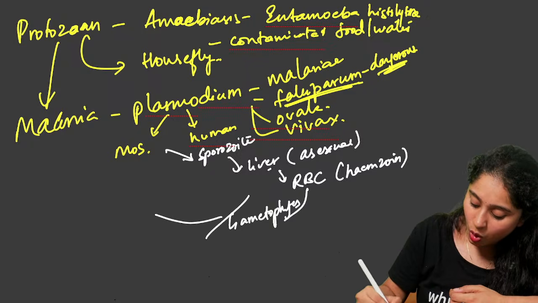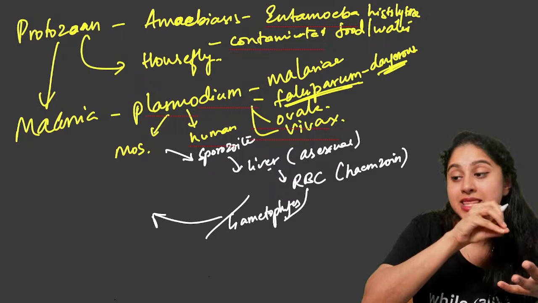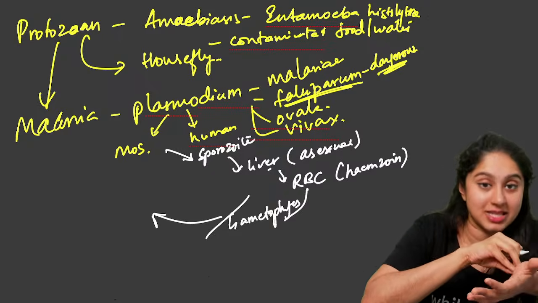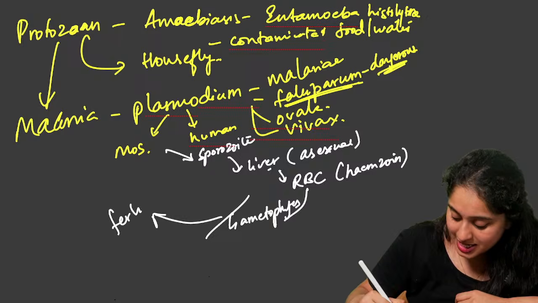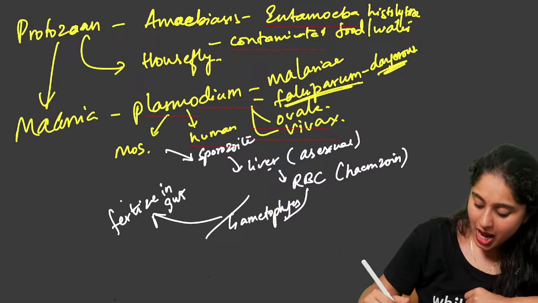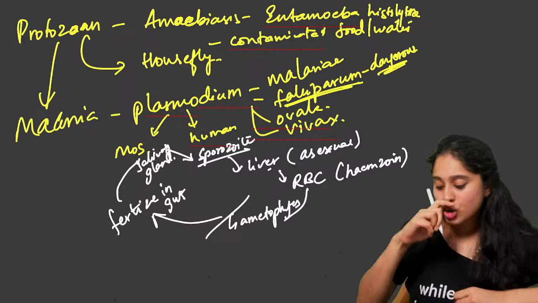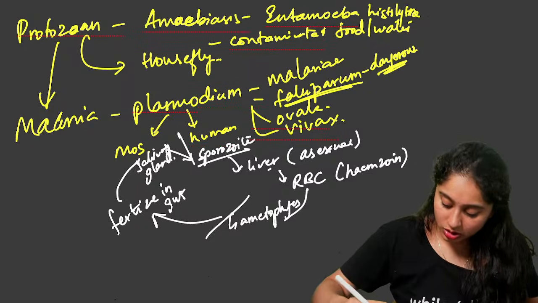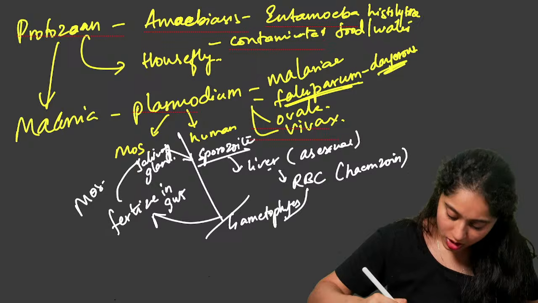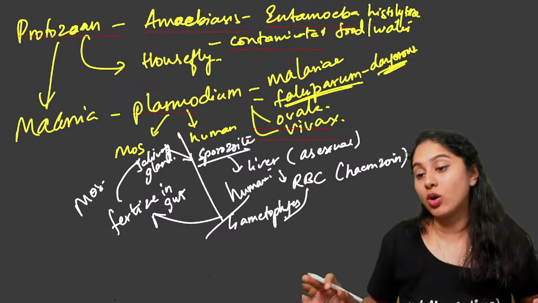When a mosquito bites this person, the gametocytes go into the mosquito, fertilize in its gut, then go to the salivary gland and are stored as sporozoites. So this is the mosquito, this is the human. Without both, this organism cannot survive.